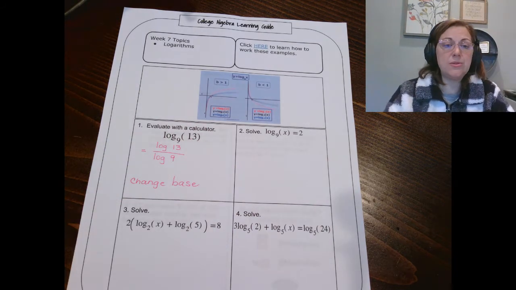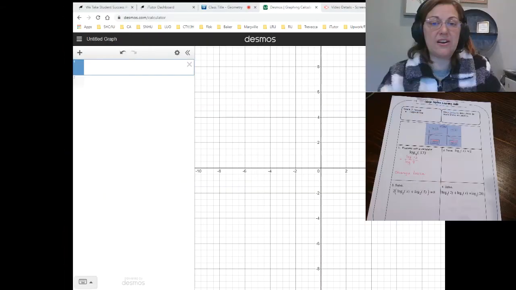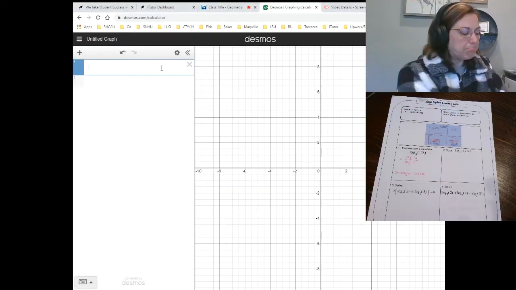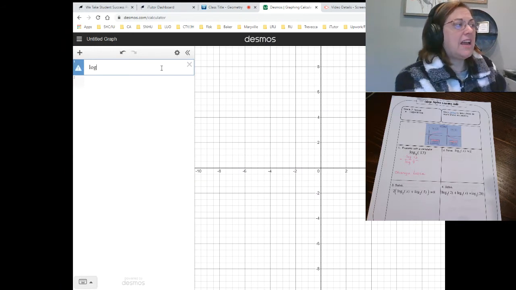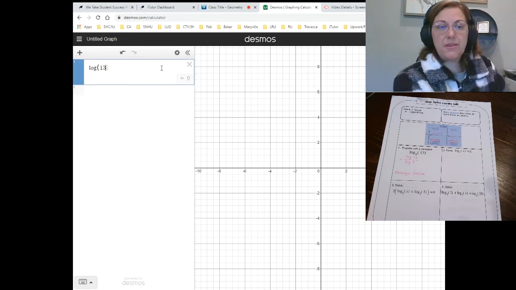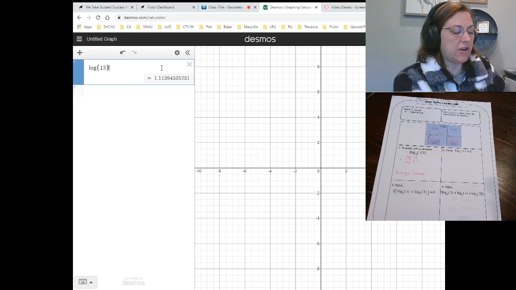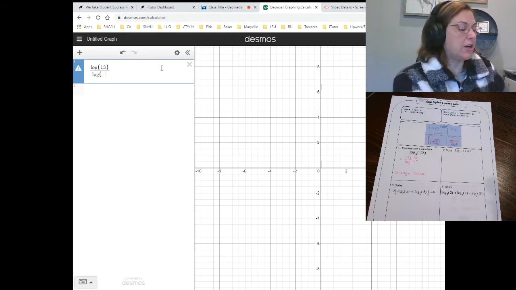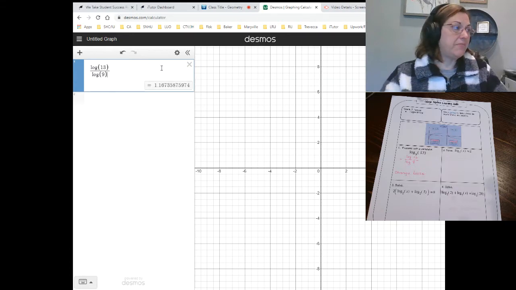Now, let me switch our view so that you can see the Desmos graphing calculator and see how I'm going to type this in. I'm going to type in the log, and I have to put parentheses around the 13. That's just the way the calculator understands it. And then divide by, and again, you've got to do log and put parentheses around the 9.